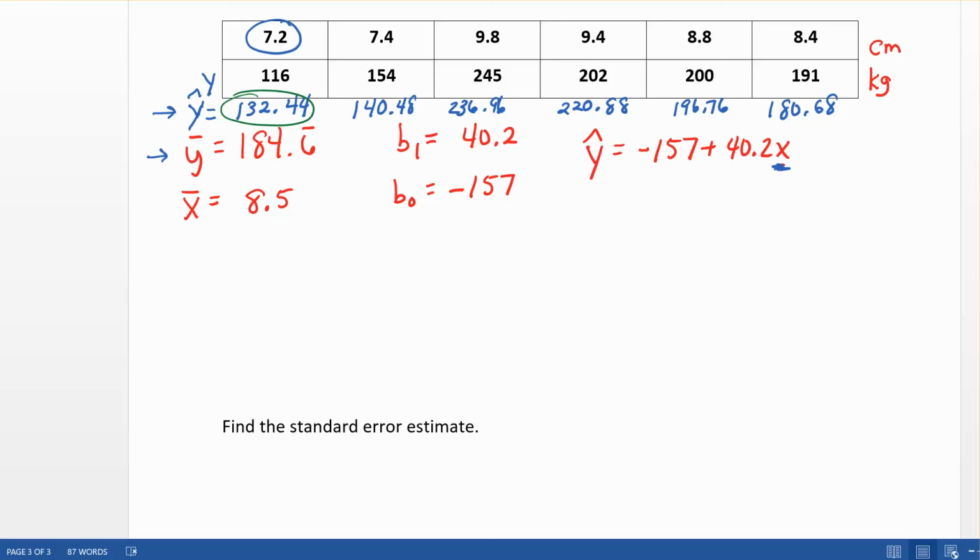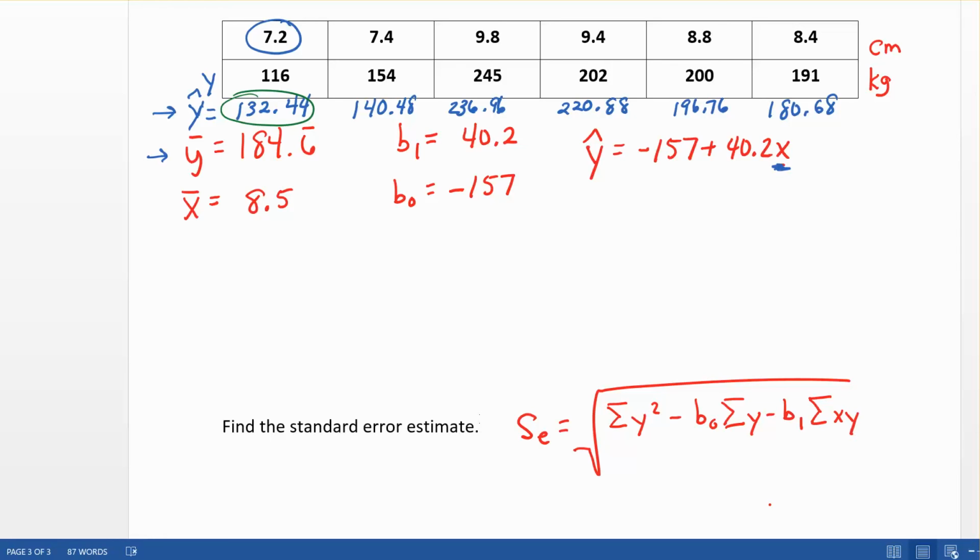And the formula we're going to use for that is this. S sub e is equal to the square root of the sum of the y squareds minus b sub 0 times the sum of the y's minus b sub 1 times the sum of the product of x and y, and that's all over n minus 2.